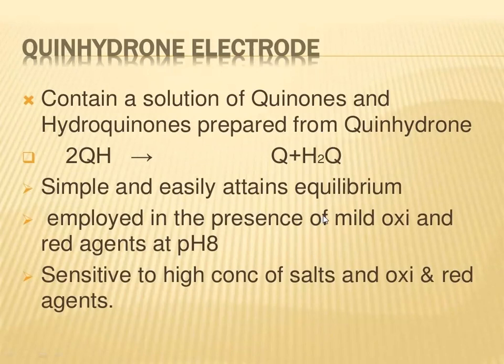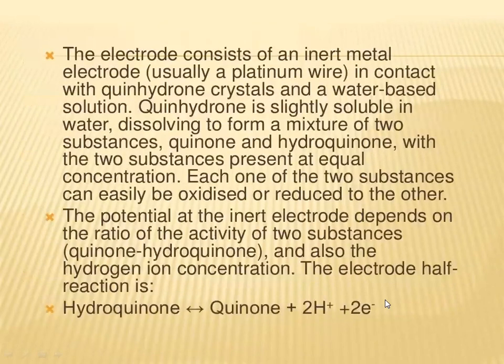This is simple and easily attains equilibrium. This is employed in the presence of mild oxidizing and reducing agent at pH of 8. This is sensitive to high concentration of salt and oxidizing and reducing agent. Okay, so the electrode consists of an inert metal electrode, that is a platinum wire in contact with the quinhydrone crystals and a water-based solution.